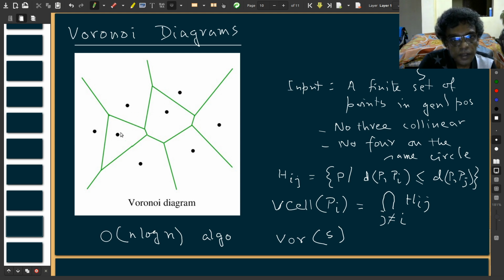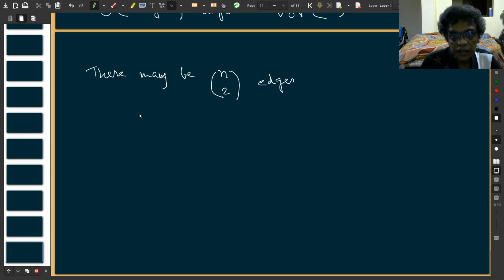Likewise, if I consider this and this, this is the perpendicular bisector. So, is it possible that all of the n choose 2 perpendicular bisectors contribute an edge, finite or semi-infinite, to the Voronoi diagram?